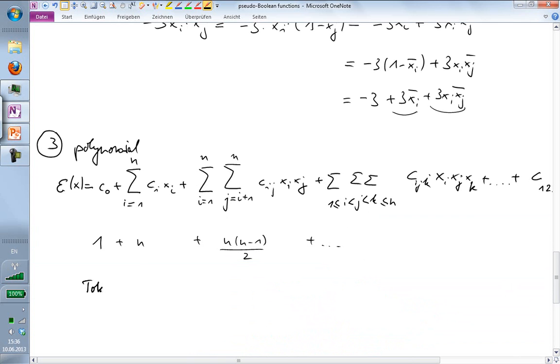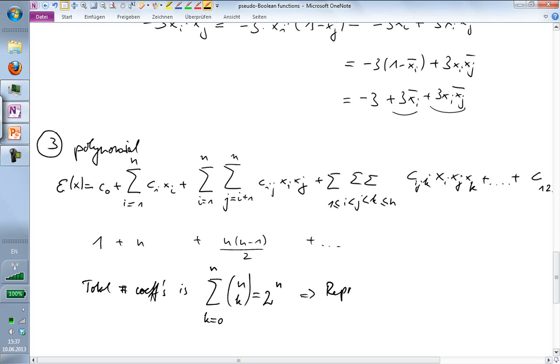So the total number of coefficients is 2 to the power of n, which was just the number of entries in the original value table.